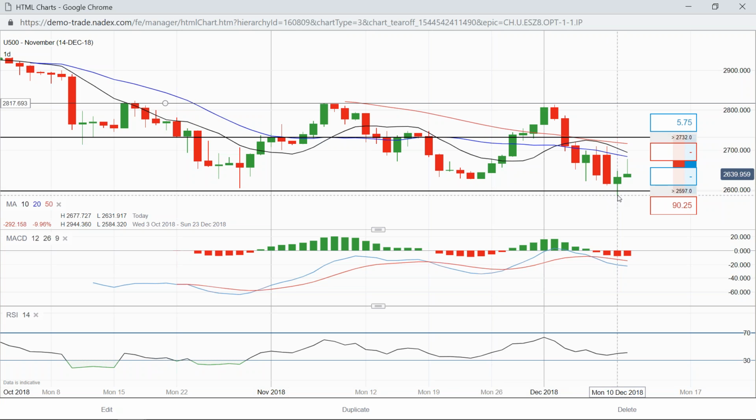We even dipped into a lower low from that previous low that we had way back around, I guess, October 29th, it looks like.